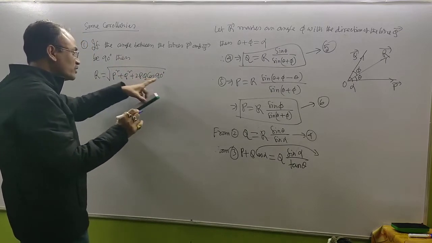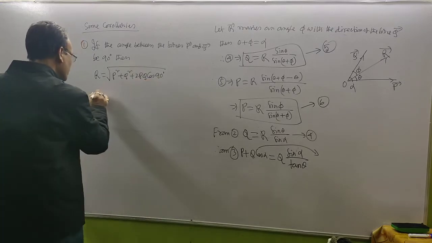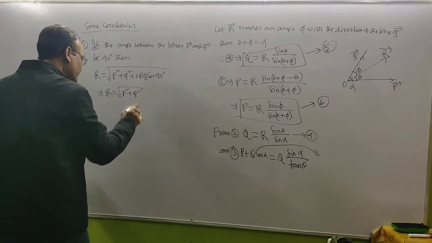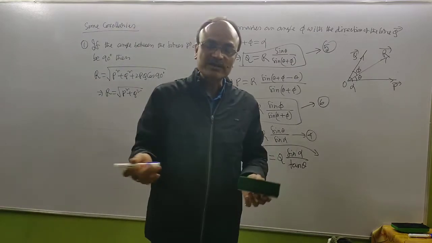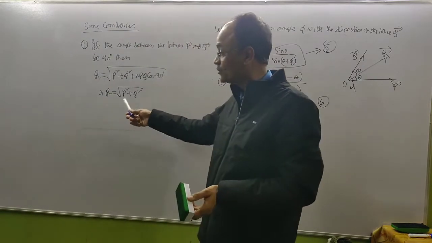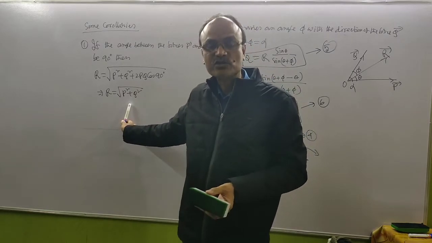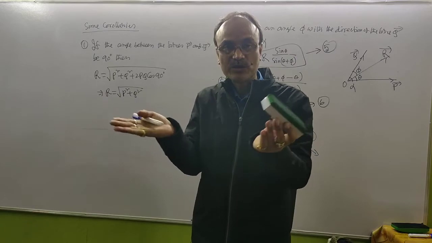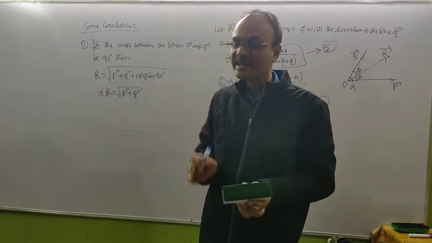That is, alpha is equal to 90 degree, cos 90 degree is equal to 0. This means R is equal to root over P square plus Q square. The resultant will be equal to root over P square plus Q square when the angle between the two forces P and Q is 90 degree.